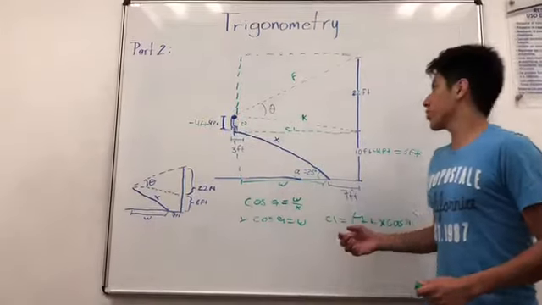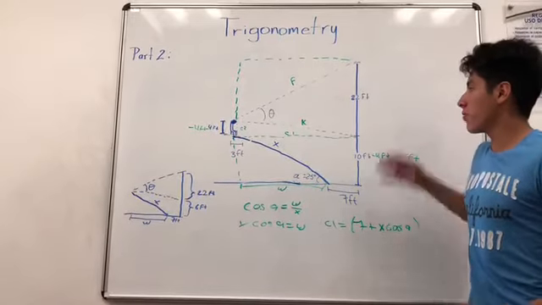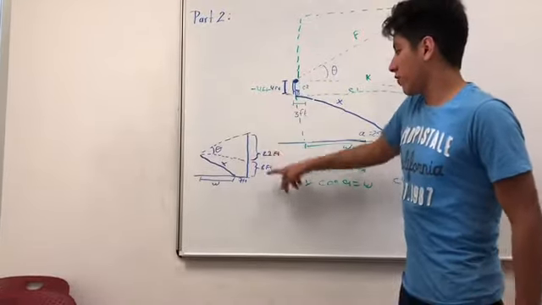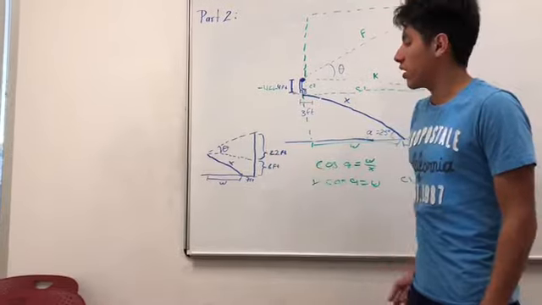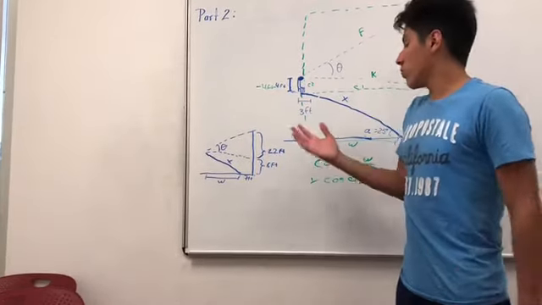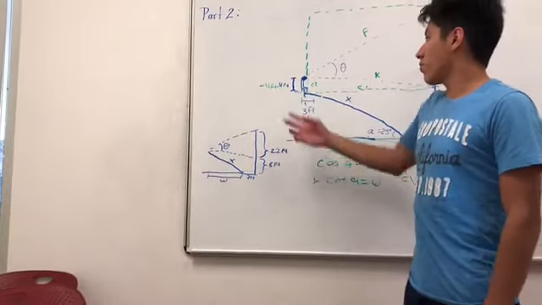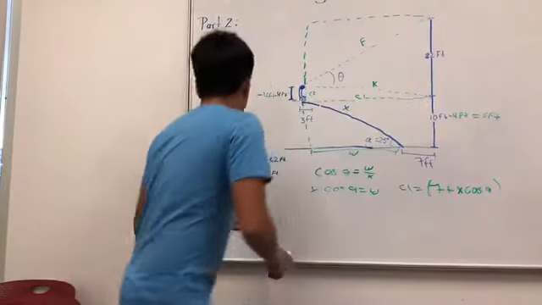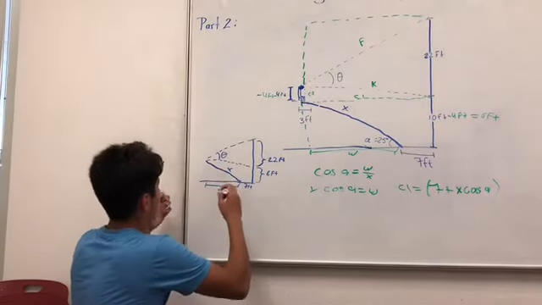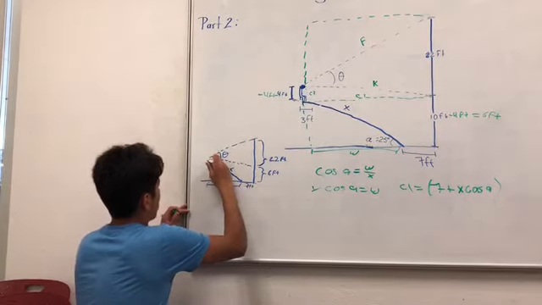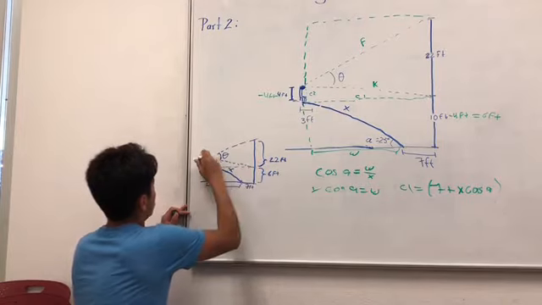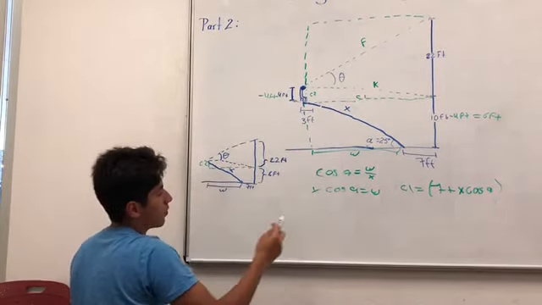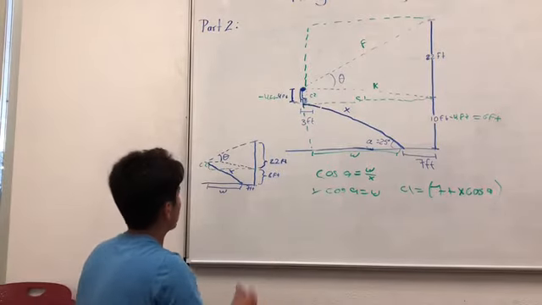Once we have subtracted 4 feet from our initial diagram, we get this with a total height of 28 meters, 22 plus 6, 28, and as you can see, we get away from the height of the person. So we can find an expression that tells us C2. C2 is this C2, and C1 we already found it, 7 plus x cosine of A.